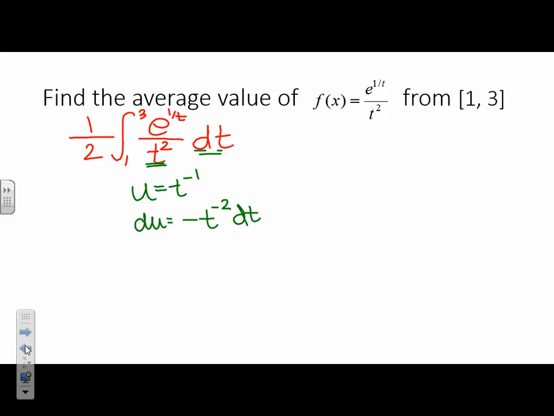So, e to the u. So what we would have is negative 1/2 e to the u du. Oh, u. Okay. Let's go ahead and change our limits of integration. We'd be going from 1 to 1/3.